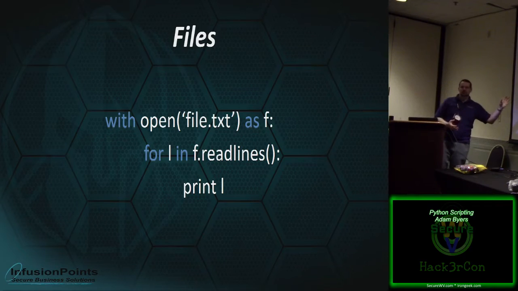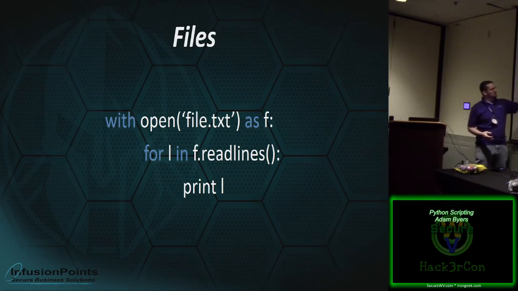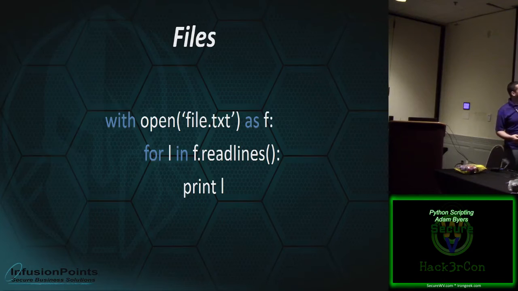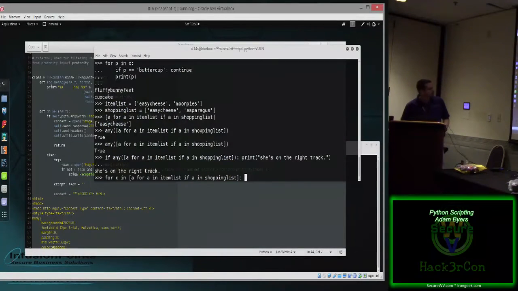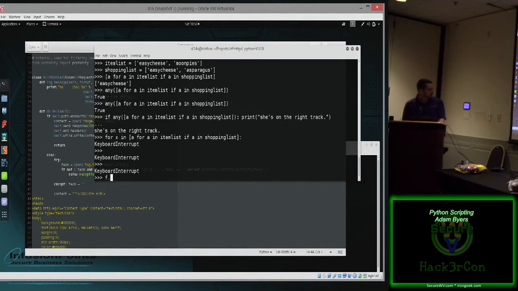So basically, here's your with statement. Now, this may be a little weird, but bear with me, right? Everything inside this block can use F as the open file at this point. So you can say f.readlines, f.write. You can throw that up there. So f.write, and then put your string in here.